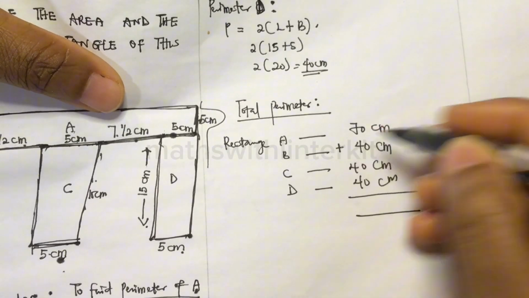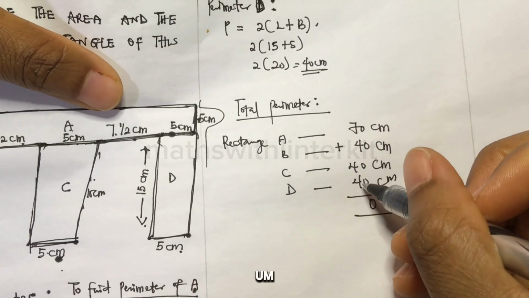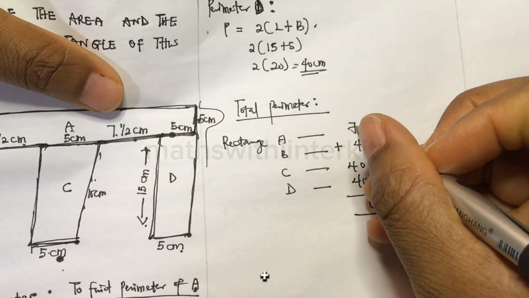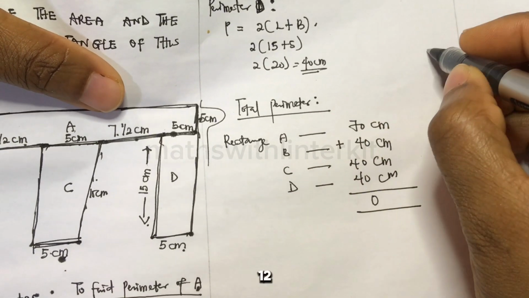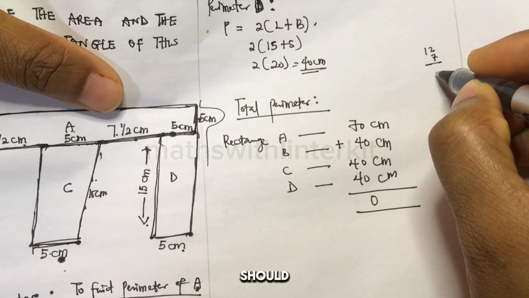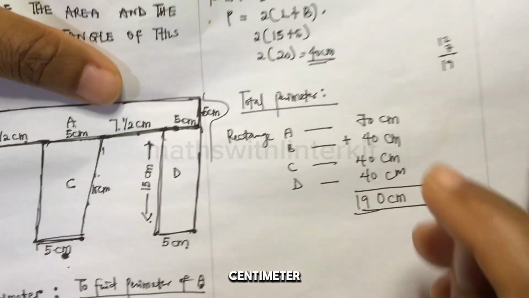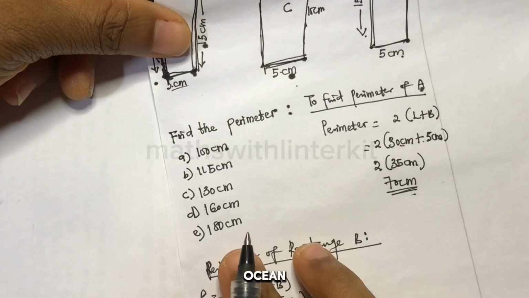They add up: 4 plus 4 plus 4, that's 12. 12 plus 7, that should be 19. So my perimeter is 190 centimeter, but the answer is not in the option.